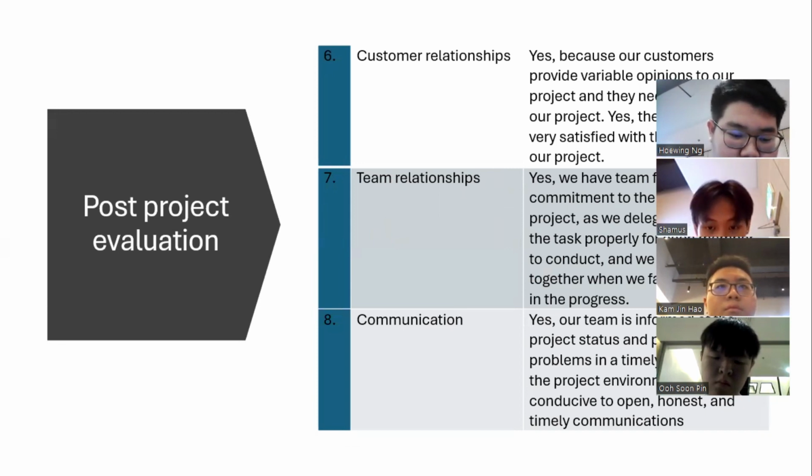Next is team relationship. As we delegate and assign a task properly for each member to conduct, and we brainstorm together when we face challenges in the progress, yes, I think we have a good team relationship.